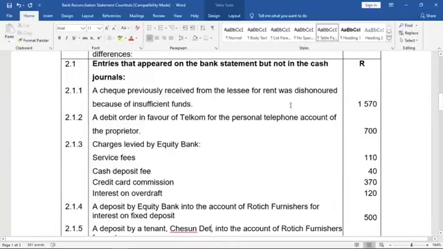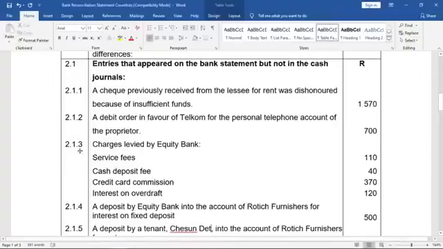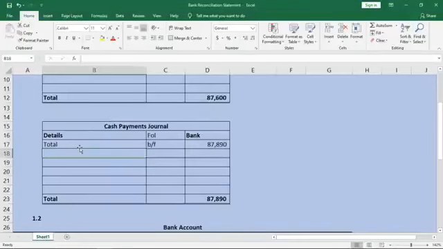We put it in our cash payments journal. So we go to our cash payments journal and put it there. Here you can put anything. You can put dishonored check, or you can put check from lessee. So I'm just going to write there debtors control, because he now owes us money.